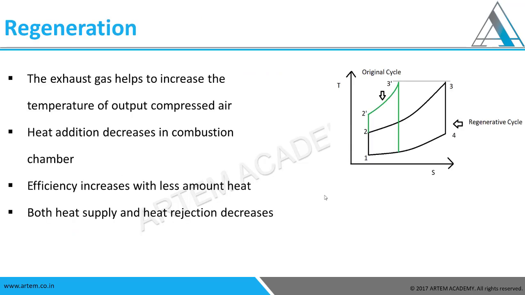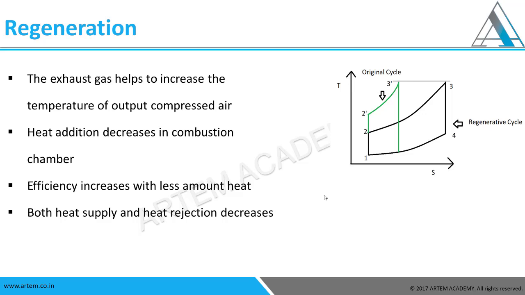So regeneration. In regeneration, it means that the exhaust gas sometimes has a lot of energy. So why not use that energy in heating the fluid? As soon as the fluid after getting compressed comes out, we can supply that amount of energy to that fluid so that we have to give less energy in the combustion chamber.